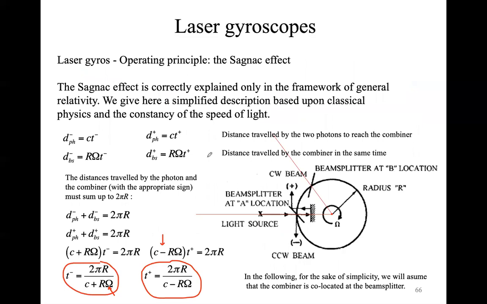So what I'm trying to explain here is the principle that lets the gyroscope work. If you don't have any rotation of the spacecraft, you are not able to see any signal. In principle, as you said, the spacecraft is always rotating.